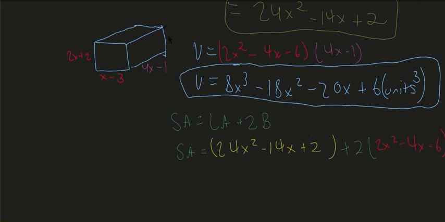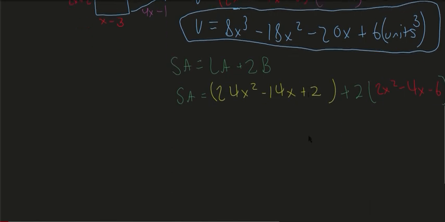And after all of that algebra, whether you do it in your head or on a piece of paper, you should end up with the surface area being 28x squared minus 22x minus 10.